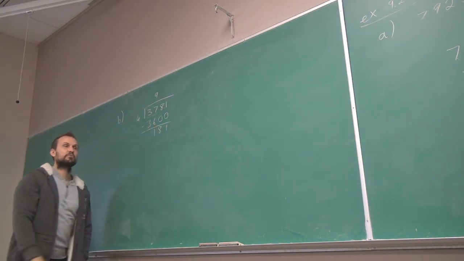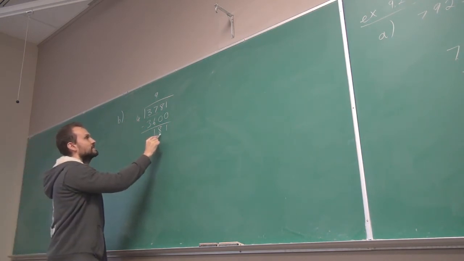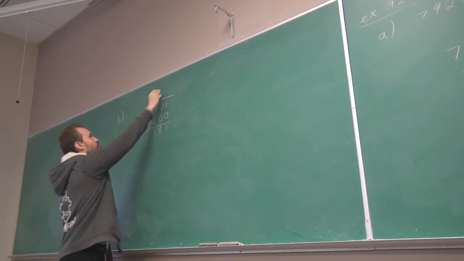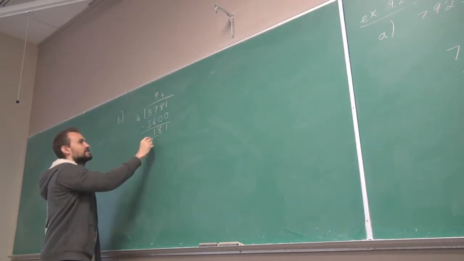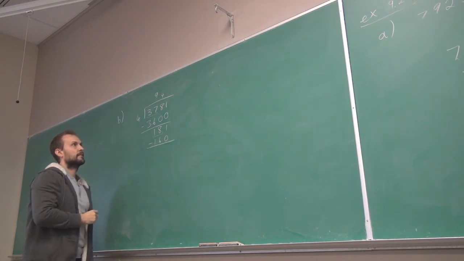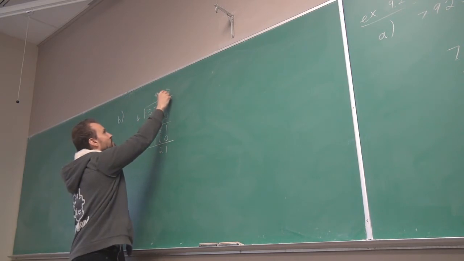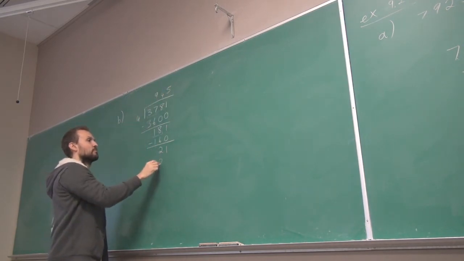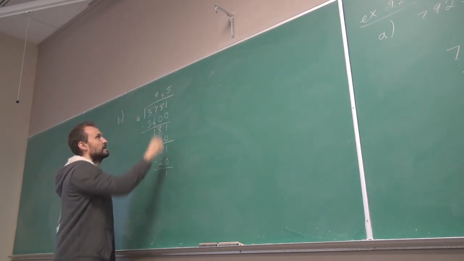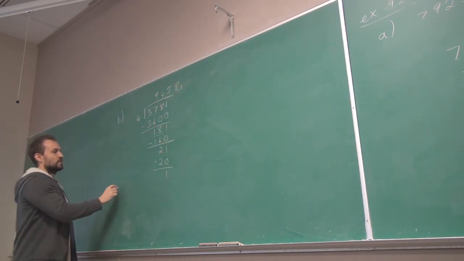The subtraction is also pretty easy. 4 now goes into 18. 4 times 4 is 16. Take that away. I have 21 left. 4 goes into 21. 5 times 4 is 20. And again, I have a 1 left. So I'll write it over here.